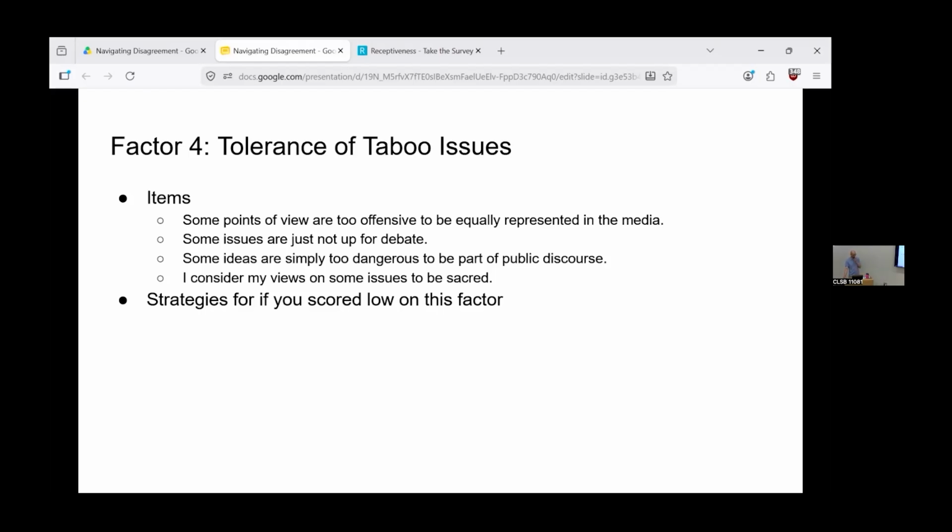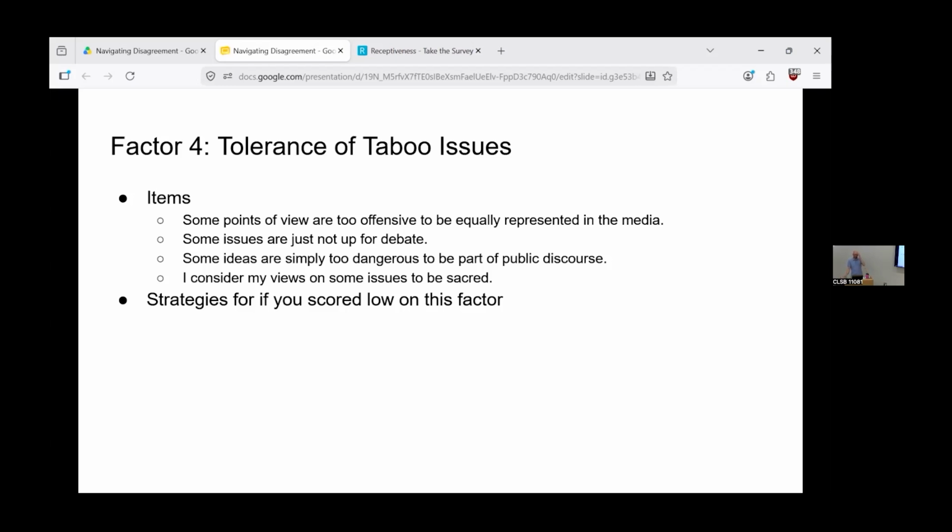In Julia Minson's book, she talks about research on people given the option to have a conversation with someone who disagrees with them or do other unpleasant things, and they choose those other unpleasant things over disagreement. So this is difficult, it's unpleasant, especially if people are talking about something that is truly taboo to you. And you always have the right to just say, I don't want to talk about this.